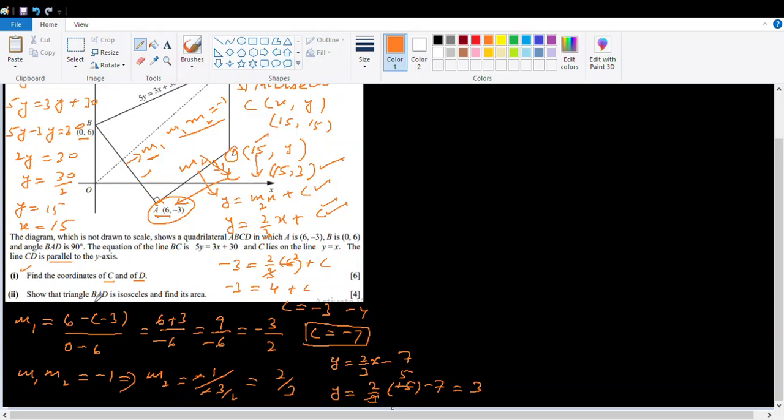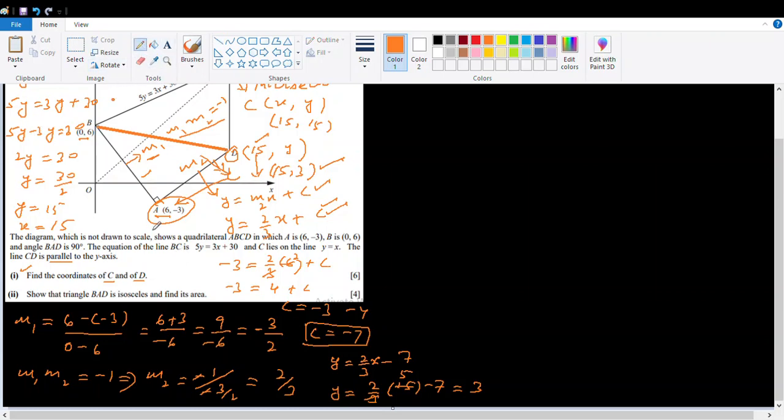Now the second part is to show that triangle BAD is an isosceles triangle. Very easy thing you are supposed to do.